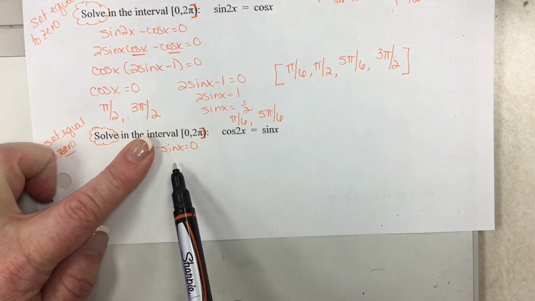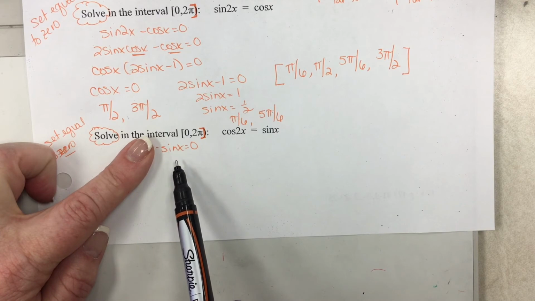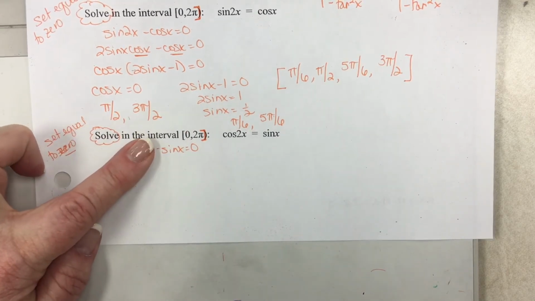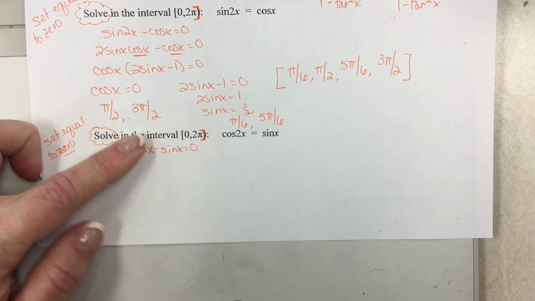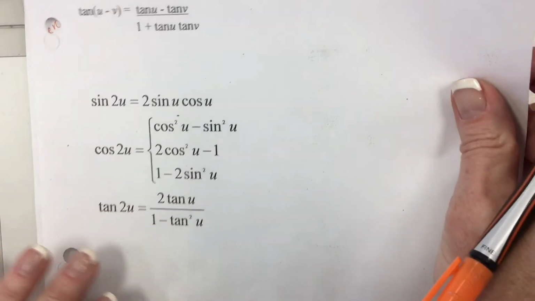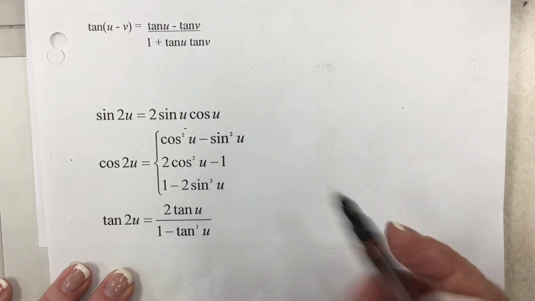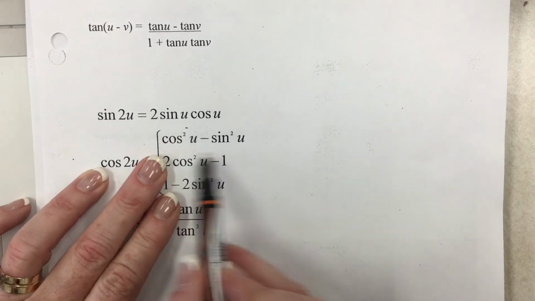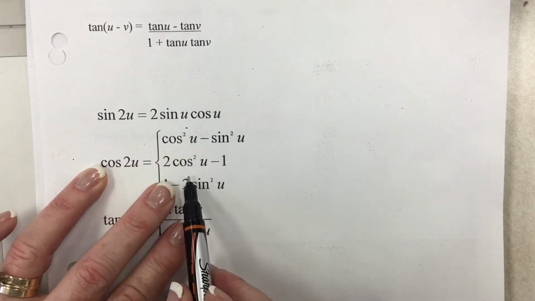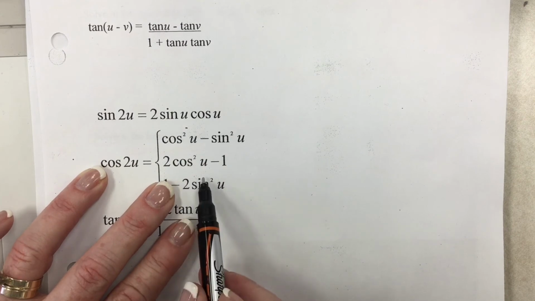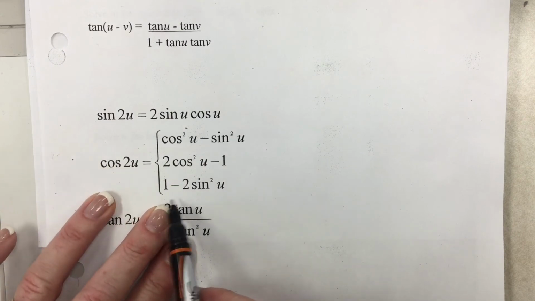Just sine. So if only sine is left after I ignore the double angle, then I want to use just sine. So if you see here, I have an equation that has both sine and cosine in it, I have an equation that has just cosine, and I have an equation that has just sine.